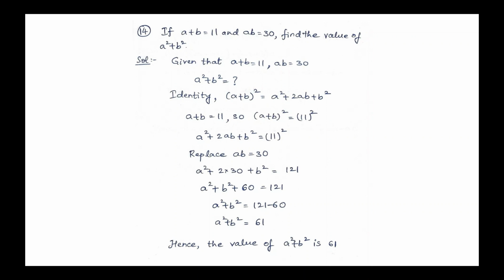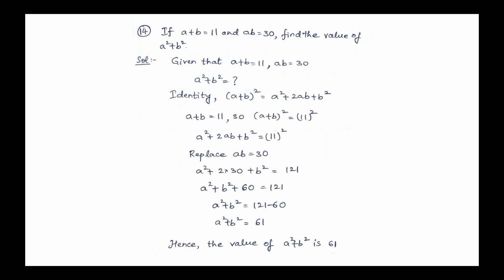Let's start solving it by replacing the values of variables from the given equations. We are given that a + b = 11. So, (a + b)² = 11². So, a² + 2ab + b² = 11².